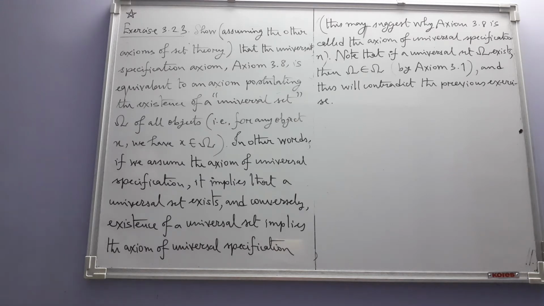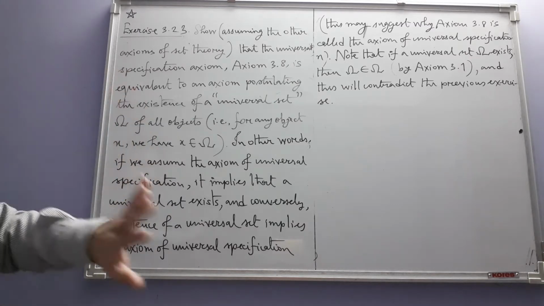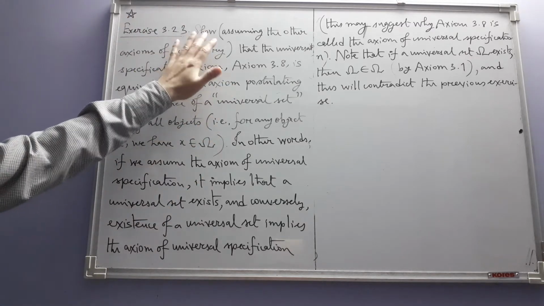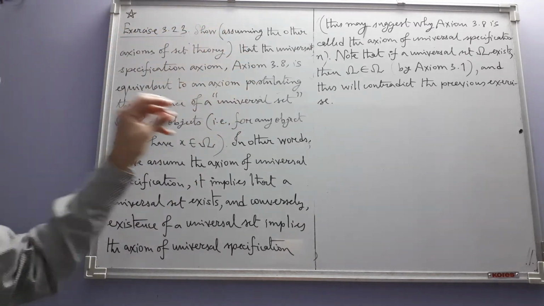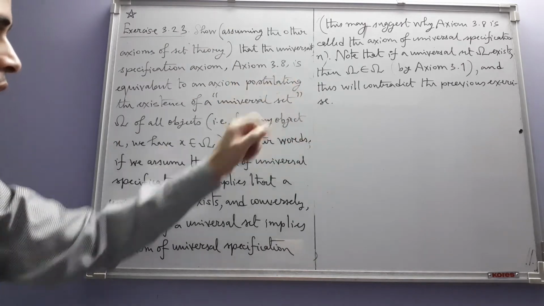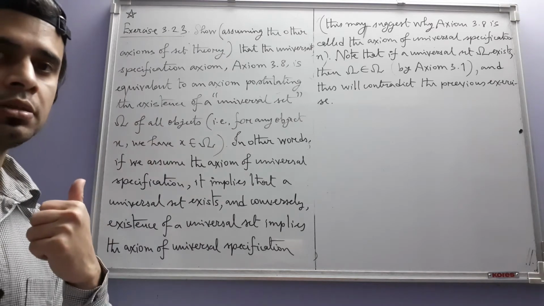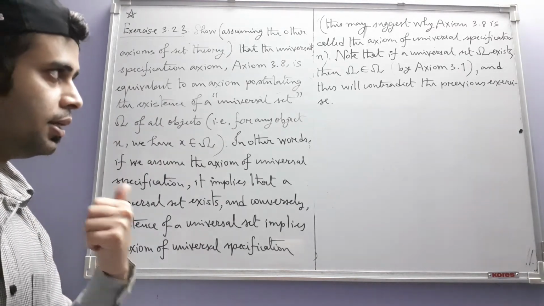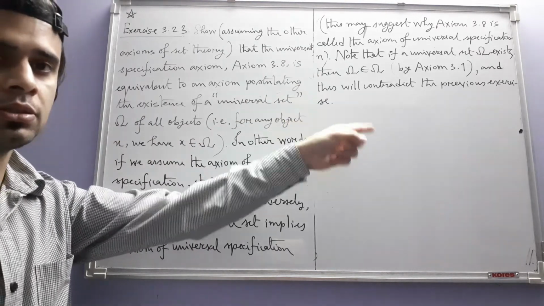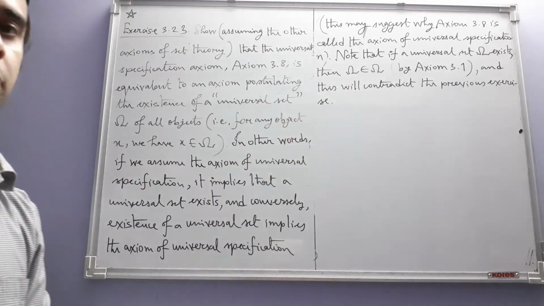So what is the conclusion of this? It says that first of all, this exercise tells us that the axiom of universal specification, axiom 3.8, is equivalent to the existence of a universal set. And if a universal set exists, then we run into a problem.